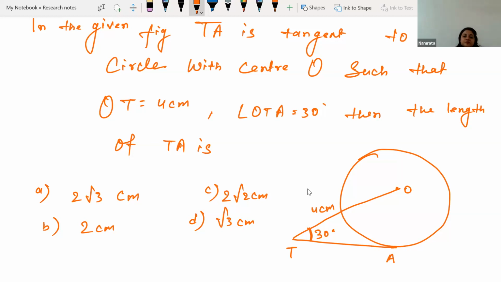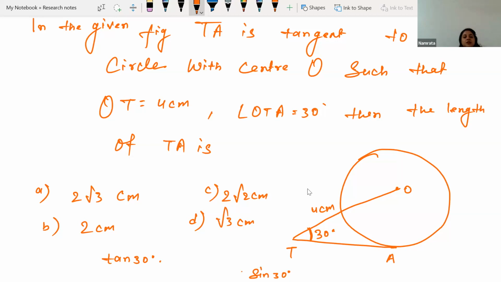Tan 30. We should take tan 30. Tan 30? Yeah, ma'am. Is it not sine 30? One of the students is saying tan 30 and you said sine 30, right?